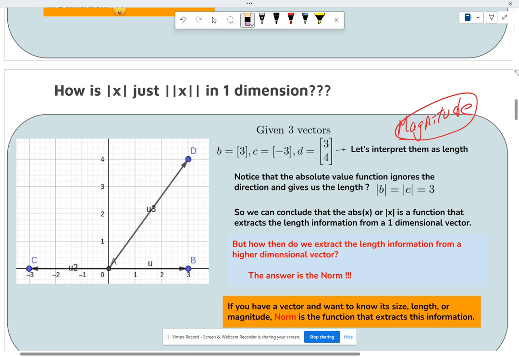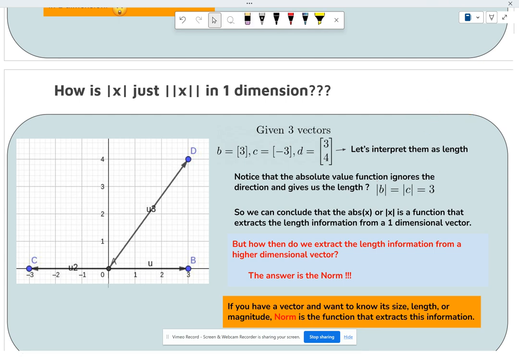Now, in a higher dimension, in 2 dimensions, because 3 is just 1 dimension, 3 and 4 is 2 dimensions, the norm tells us the distance from this point to this point. So we can conclude that absolute value tells us the distance here as well, or here.